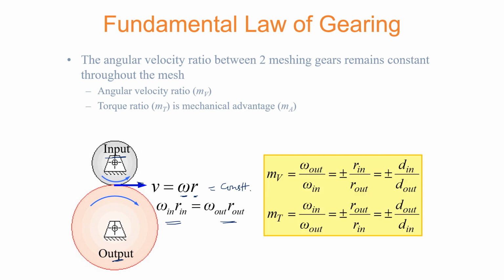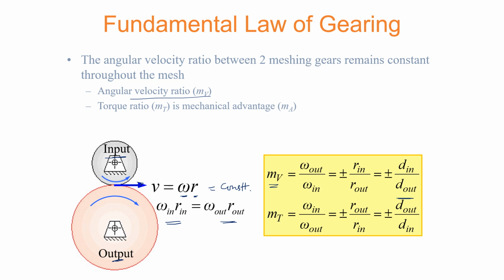That is given by the angular velocity ratio, illustrated in terms of mv right over here, which says that it is going to be omega out over omega in, which is equal to plus or minus, depending on the signs, r in over r out. And since the ratio of the radii is also equal to the ratio of diameters, you can extend this expression to the diameters as well.